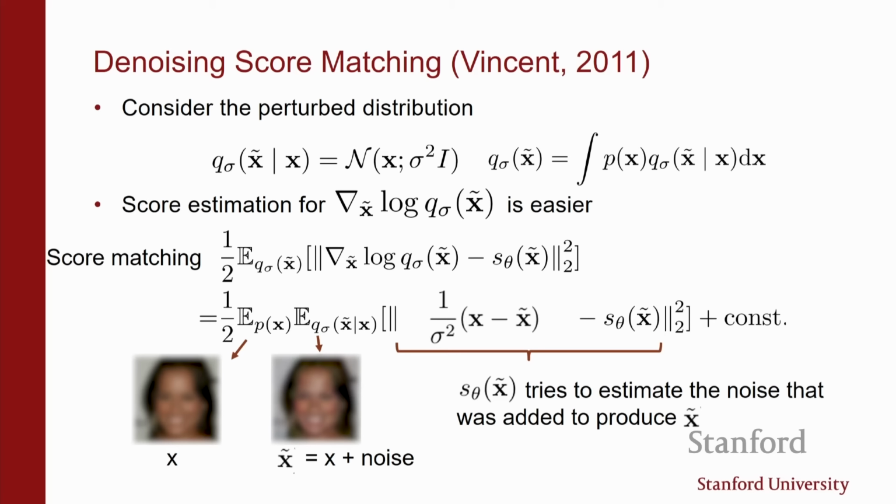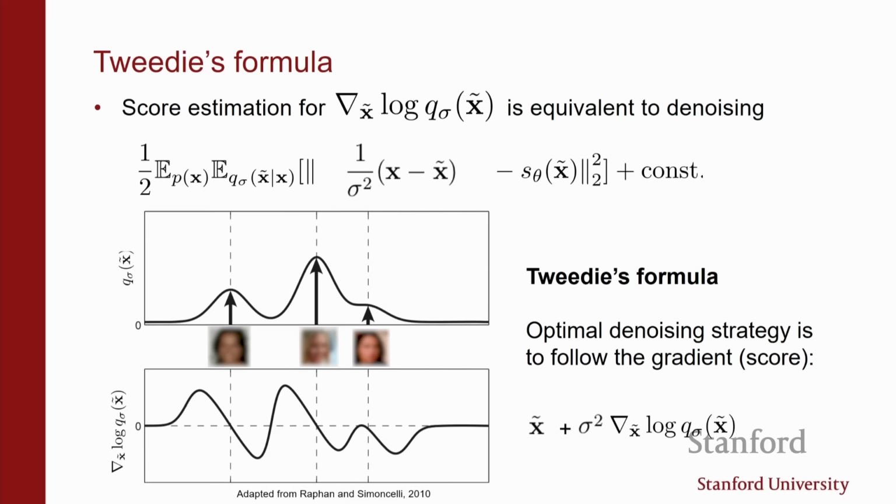Here we've seen that score matching reduces to denoising, so estimating the score is the same as estimating the noise that was added to the data point. Another way to think about this is Tweedie's formula, which is an alternative way of deriving the same result. It tells you that, as was suggested, the optimal denoising strategy is to follow the gradient of the perturbed log likelihood.